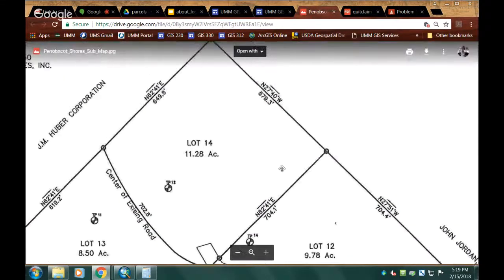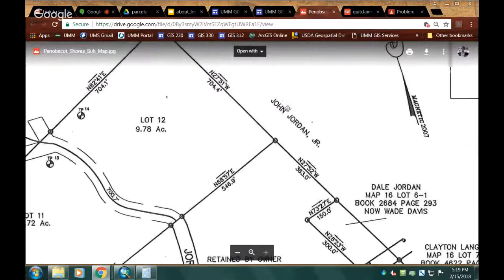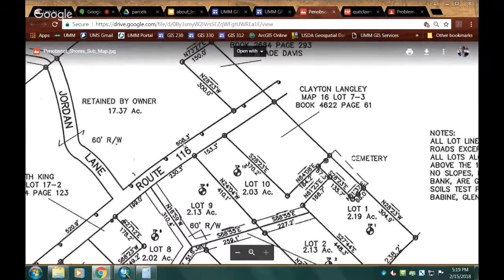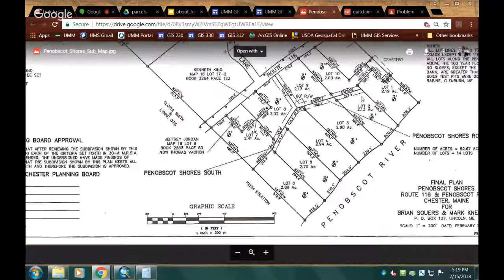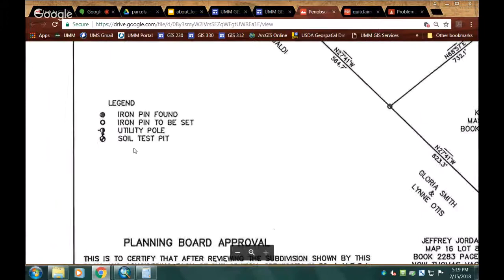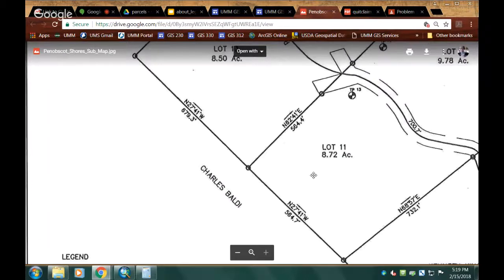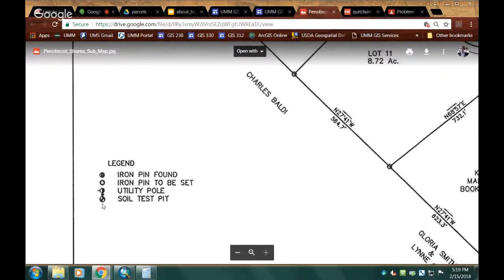Other things that you see that are listed or shown here. Oh, here, right, there's a legend. So one thing that's handy is showing the locations of utility poles. Now, iron pins are our bread and butter. Very often if I have to do field work to go find a location, it's those iron pins that are really crucial.